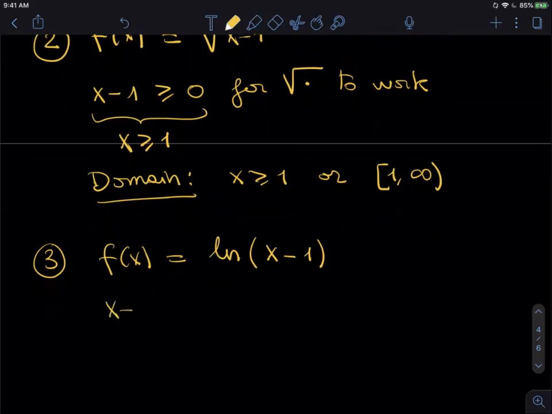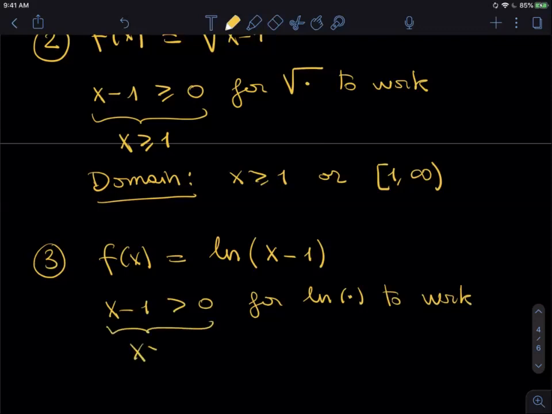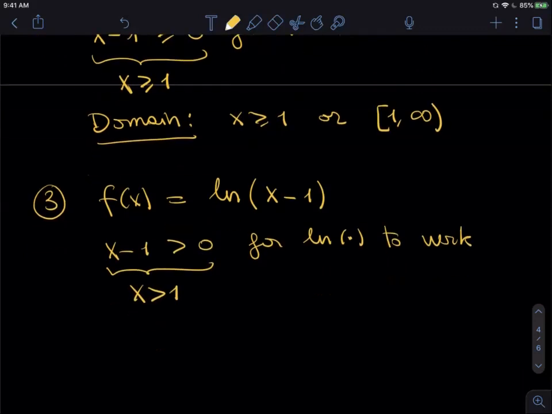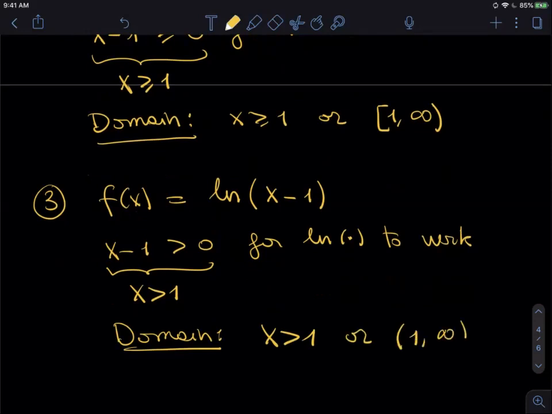So we need x minus 1 bigger than 0 for the logarithm to work. So that means x bigger than 1. So the domain is x bigger than 1, or 1 to infinity. Now I put a round bracket because the value 1 is excluded. It's not included in the domain.